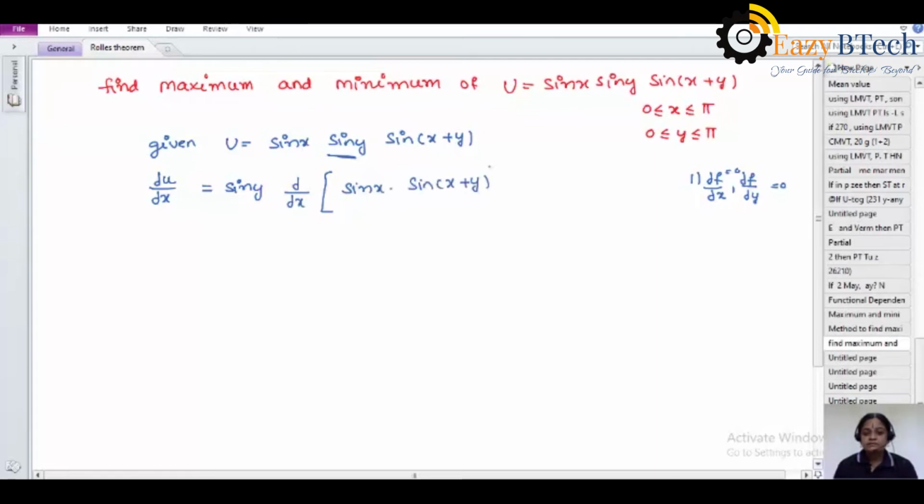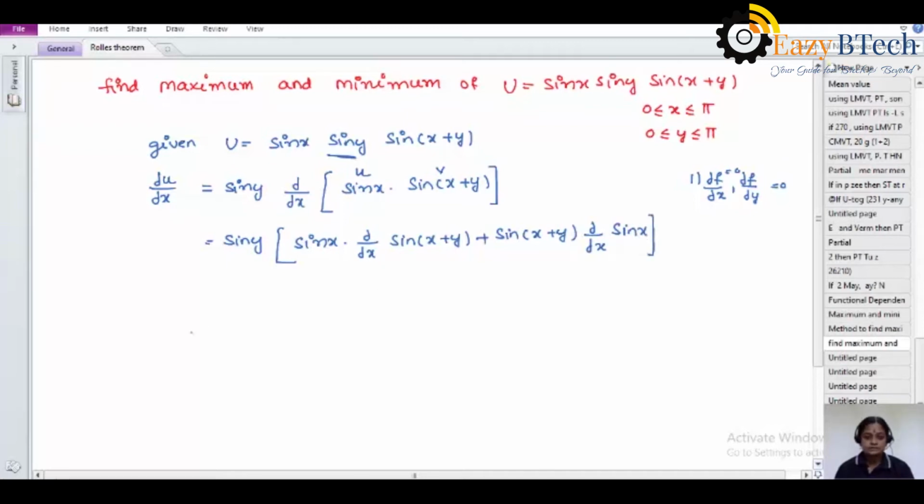Okay, because both functions have the x variable, you have to use the u into v procedure. So sin y, then sin x dou by dou x of sin of x plus y, and plus sin of x plus y dou by dou x of sin x.